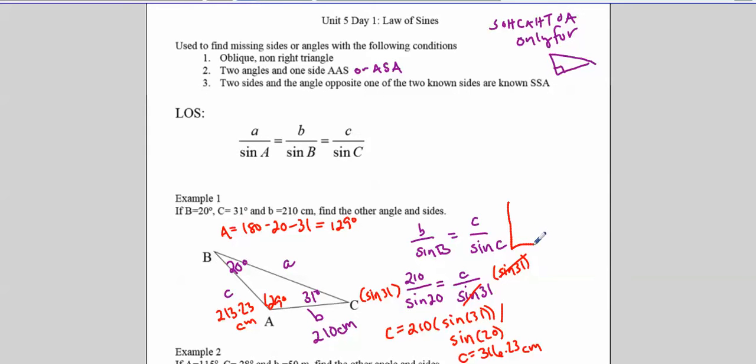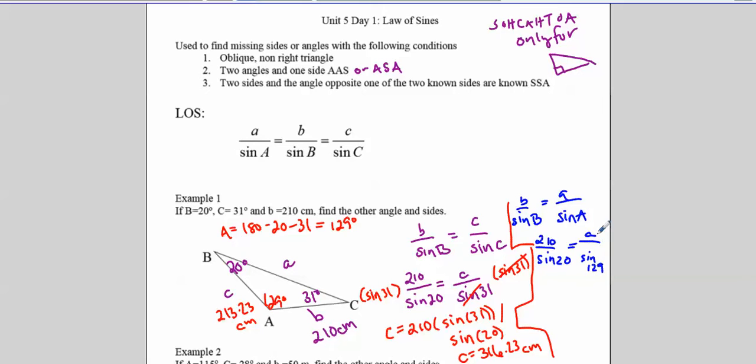So I'm still going to do B over sine B equals A over sine A. Side B is still 210 centimeters, and that would be over the sine of 20. Side A is what I don't know, and that's going to be over the sine of 129.